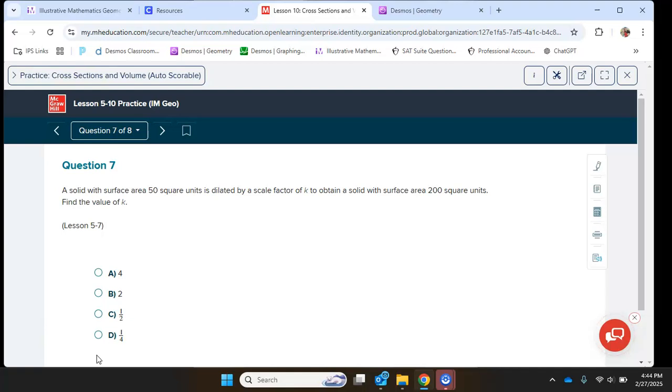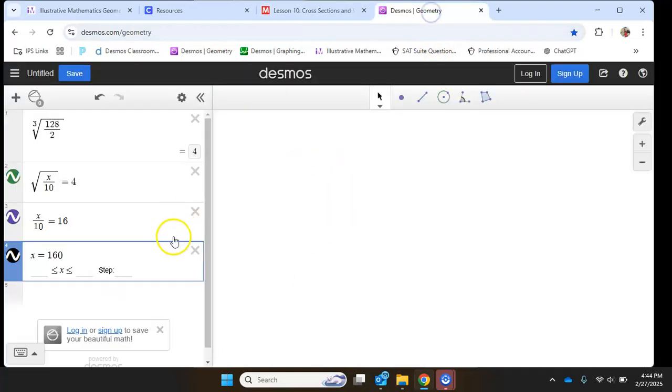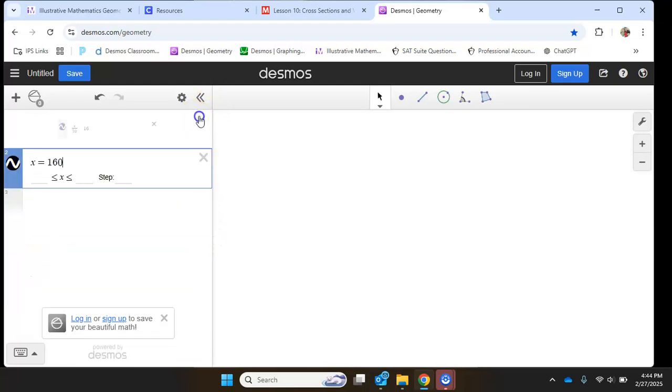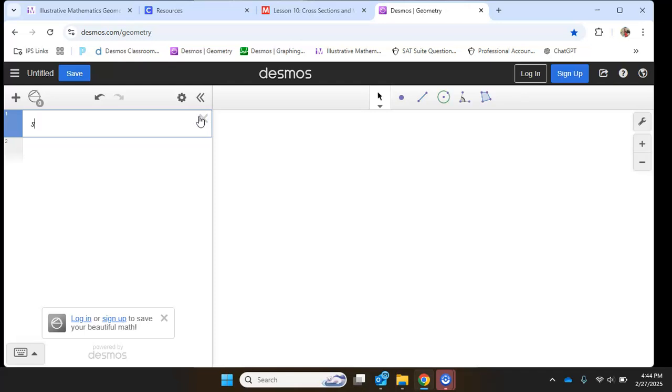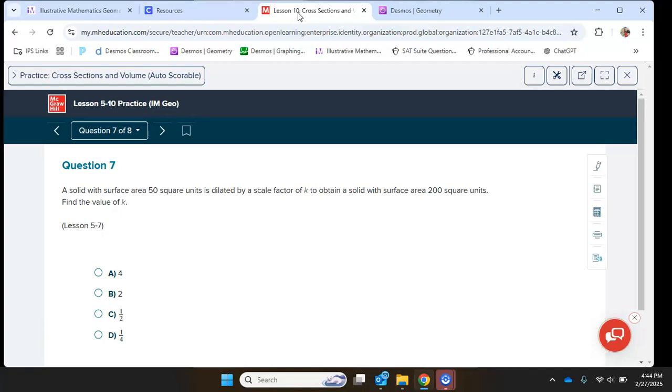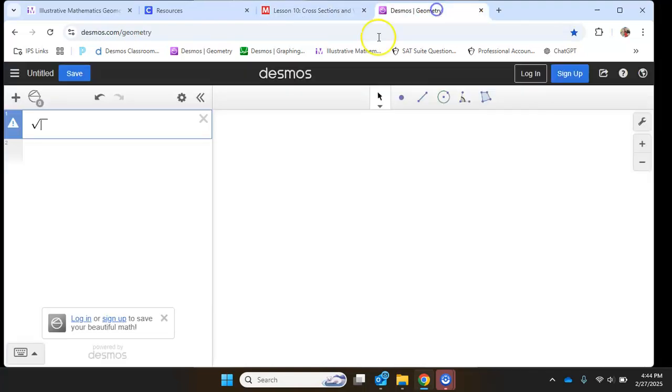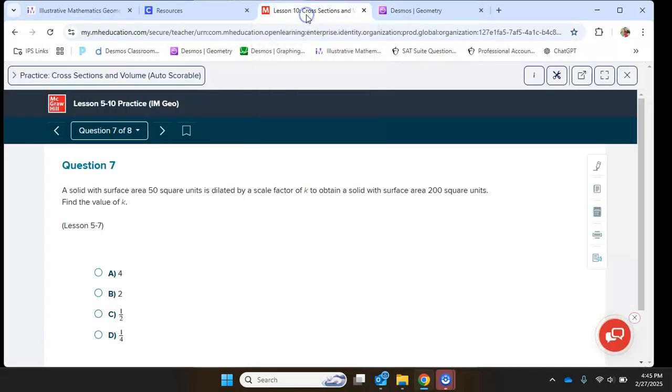As we said, area is squared, so we're going to use the square root of 200 divided by 50. And you can see the scale factor is 2.